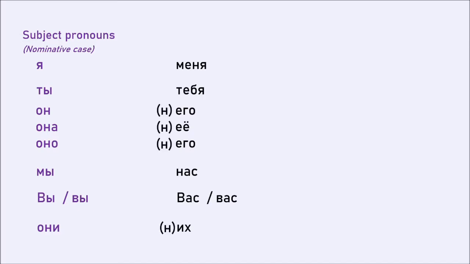Now you'll notice that here I've omitted the letter н. We only actually use the letter н when we have a preposition before a pronoun that begins with a vowel, usually. So remember in that lesson we used the preposition у, and when we have a pronoun that begins with a vowel, we add on that letter н. Not always. Sometimes it applies, sometimes it doesn't, but here is the list anyway.